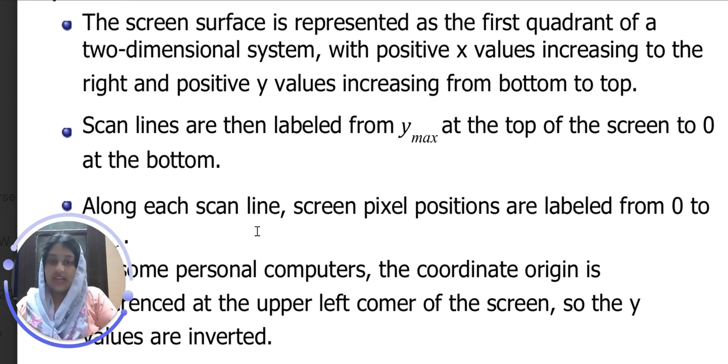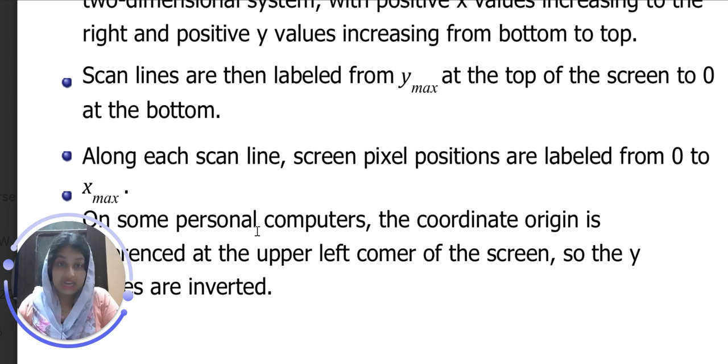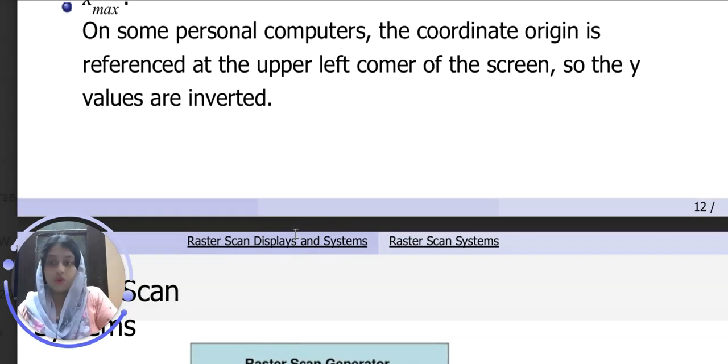The scan lines are then labeled from y max at the top of the screen to 0 at the bottom. Along each scan line, screen pixel positions are labeled from 0 to x max. On some personal computers, the coordinate origin is referenced at the upper left corner of the screen, so the y values are inverted.